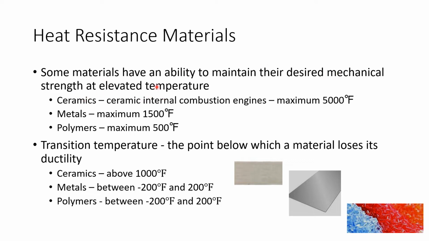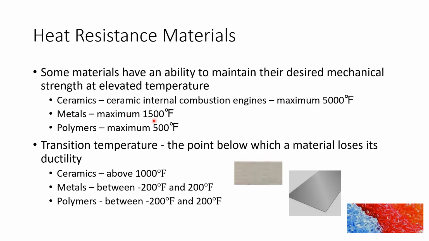So even though you're heating it up all the way to very, very high temperature, they're going to maintain their mechanical strength. So things like ceramics and metals and polymers: ceramics can stand all the way to 5,000 degrees Fahrenheit. This is a common temperature in the lab. We usually use degrees Celsius or Kelvin, because they're smaller, so it's easier to handle in calculation.